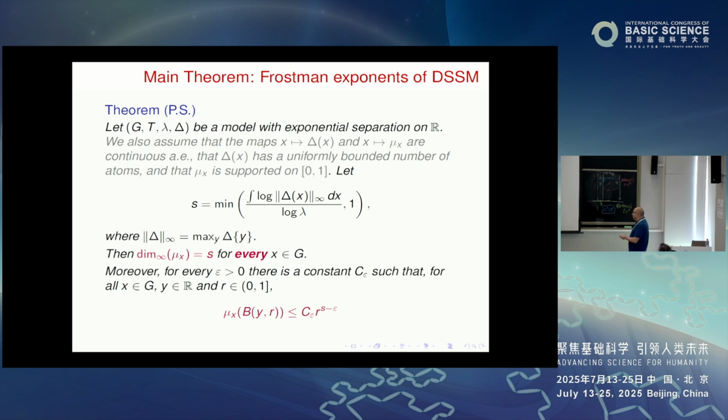And this is what you expect. Don't ask me why, but it is what you expect, in the sense that this is always an upper bound. Without any assumptions, this is always an upper bound, which is easy to prove. So this is the most natural conjecture to be also a lower bound. And the theorem says that under these assumptions, a model with exponential separation and very mild technical assumptions, this is indeed the truth.